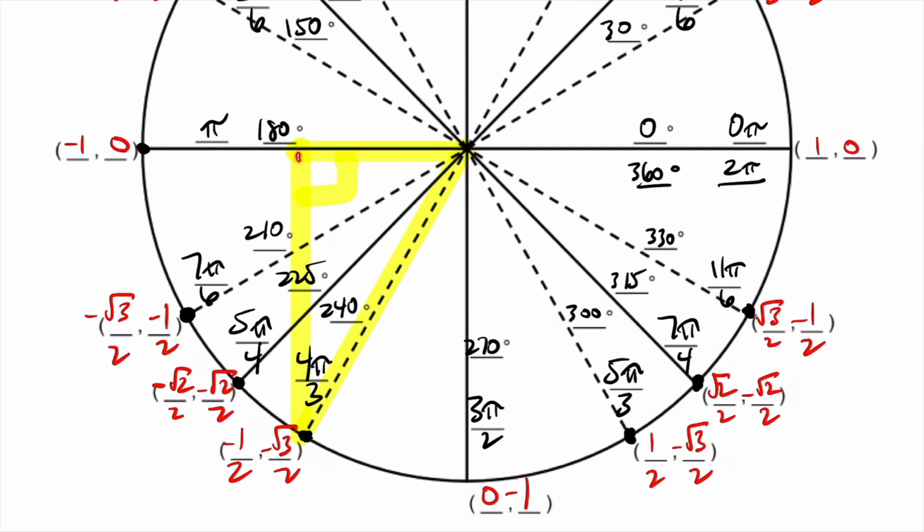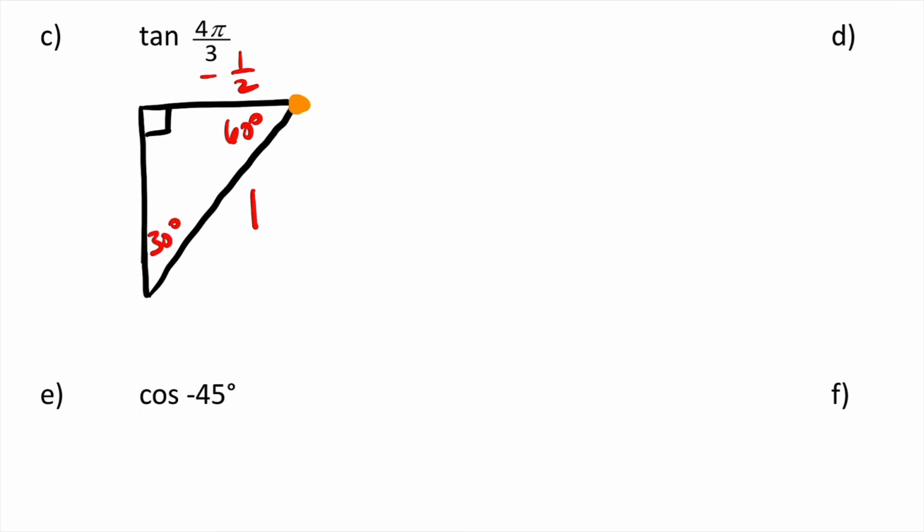And then the height is right here. I also went down, so that's why the height's negative. So negative square root of 3 over 2. Step 2 done. Labeled, drew, done.